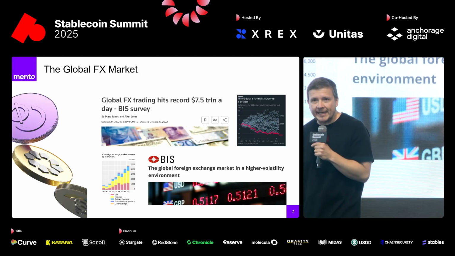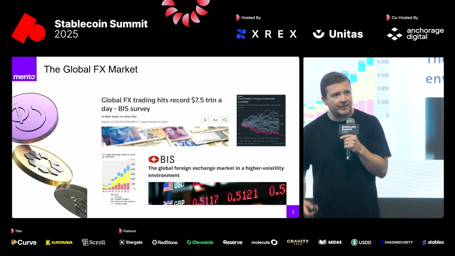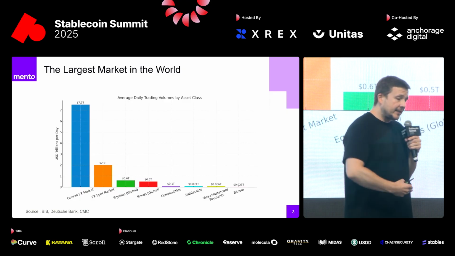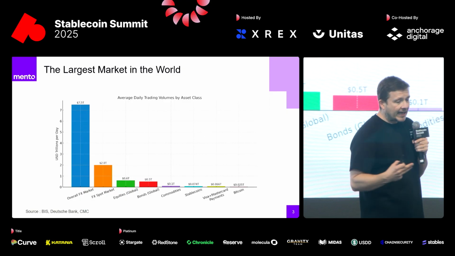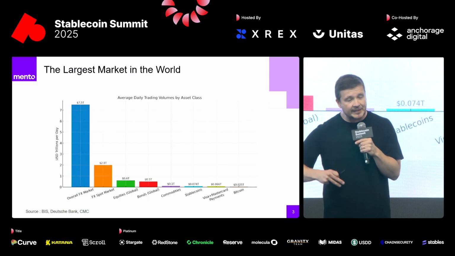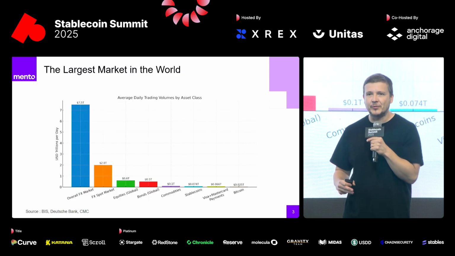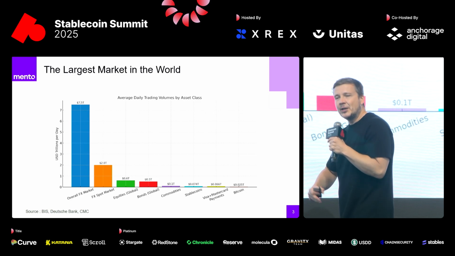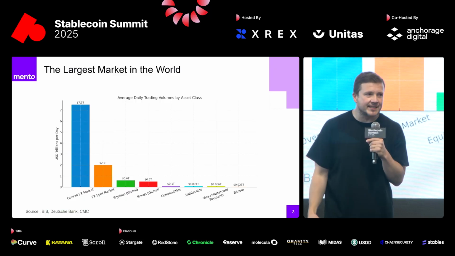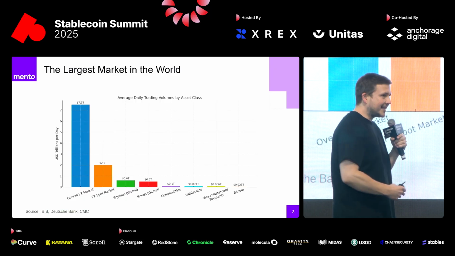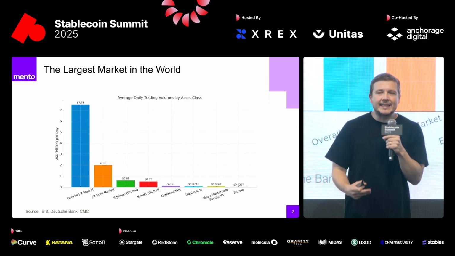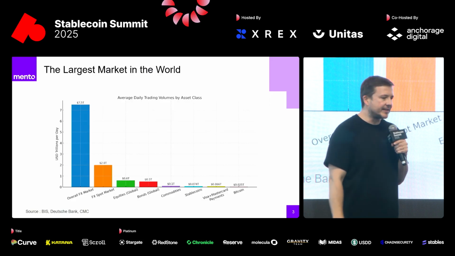And if you compare this volume in the FX market to other asset classes, you can see, while yes, stablecoins by now actually have very high daily trading volume, and also Bitcoin has very high daily trading volume, and for comparison, also Visa and MasterCard actually do a lot of daily transactions, there's an asset class that is much bigger in terms of volume, and this is in the end the foreign exchange market.